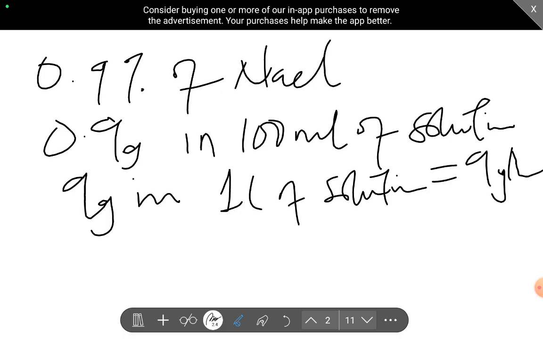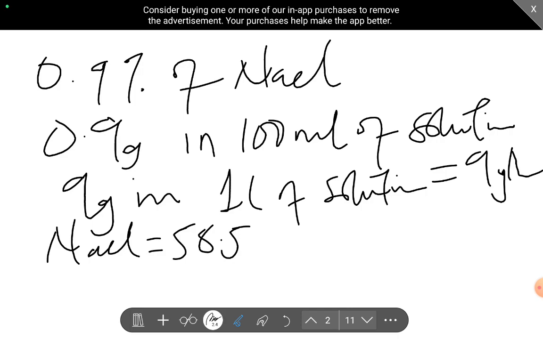Now for you to calculate your osmolarity, you need to know the molecular weight of sodium chloride, which is about 58.5 or 58.4 thereabout.